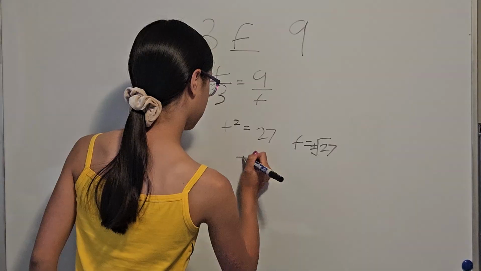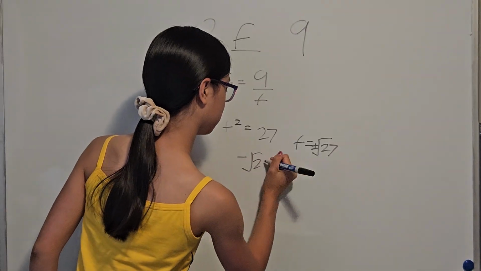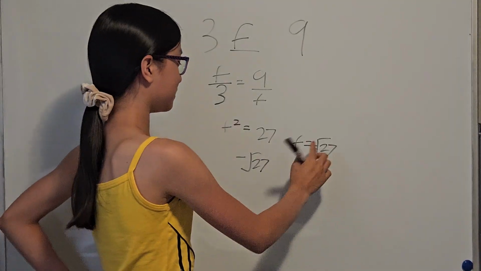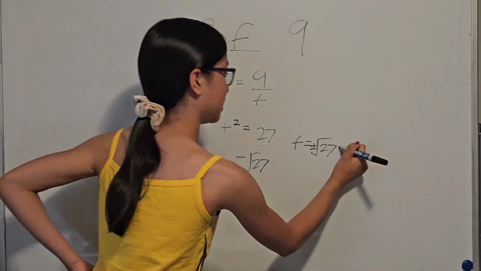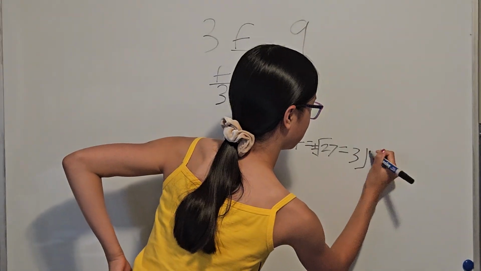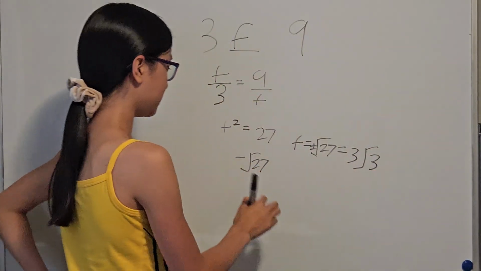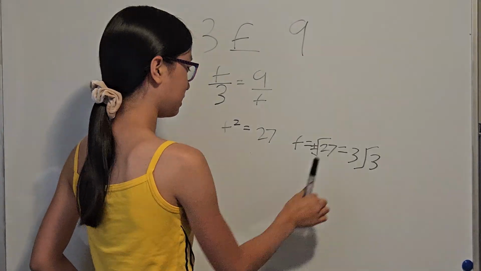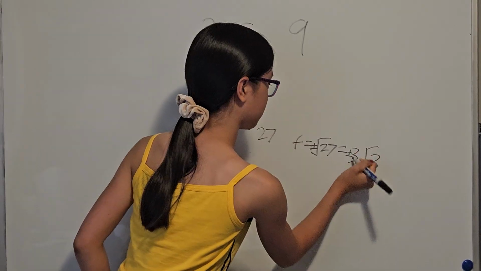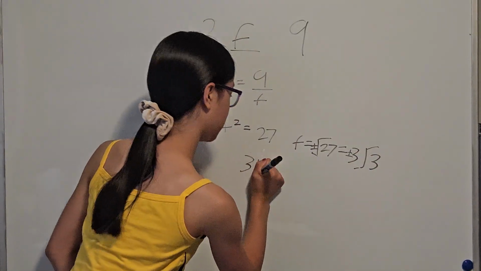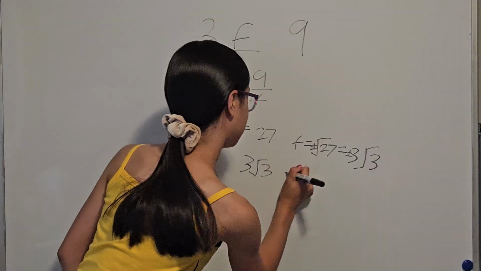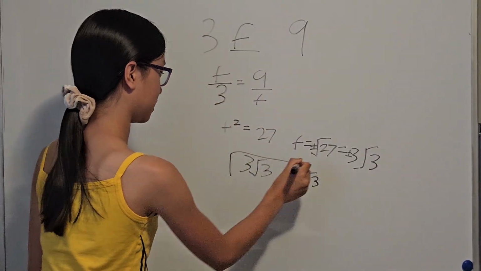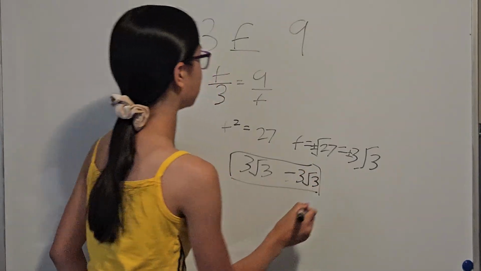Can we simplify root 27? If we simplify root 27, it's going to equal 3 root 3. So the two possible answers are positive 3 root 3 and negative 3 root 3. So these are the two possible answers for this question.